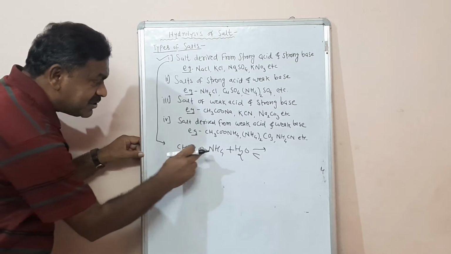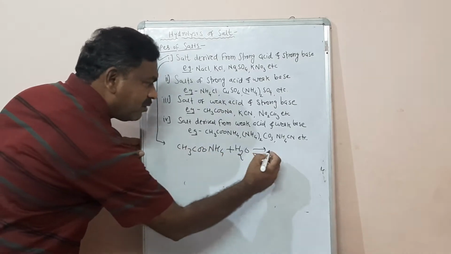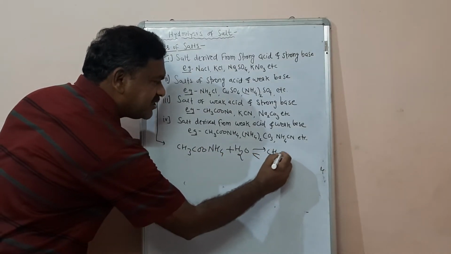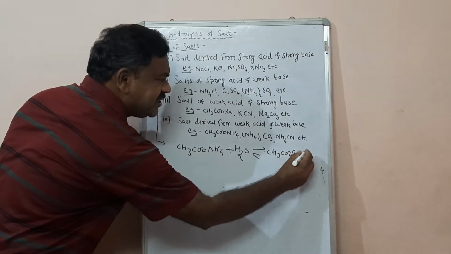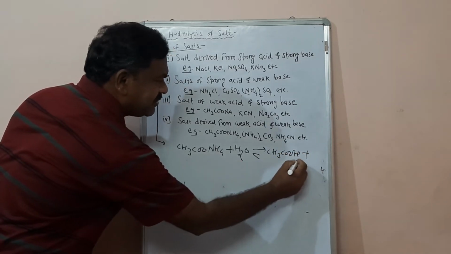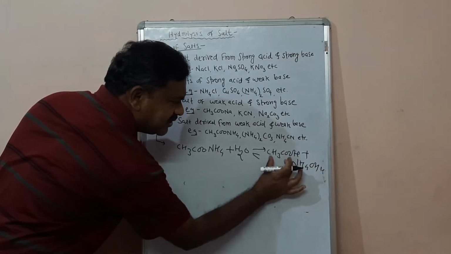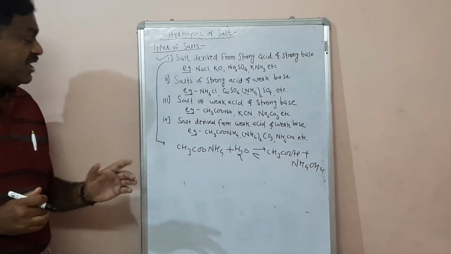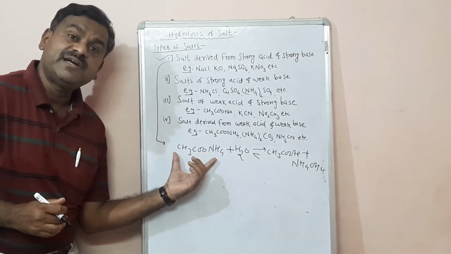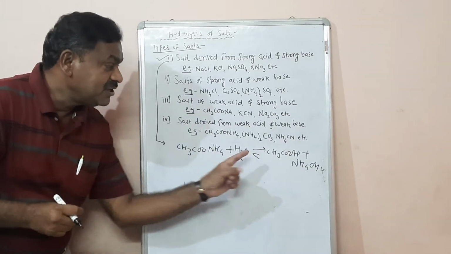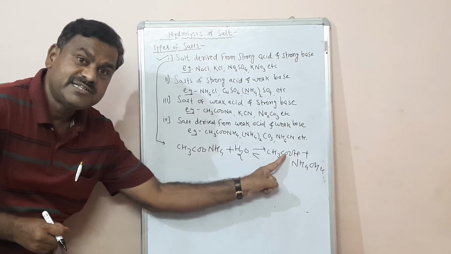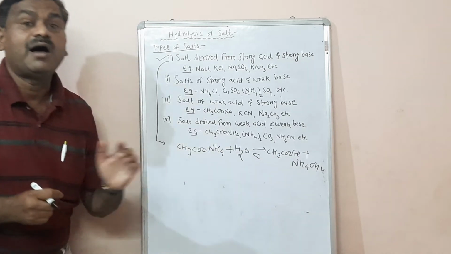Ammonium acetate combines with water to form acetic acid, a weak acid, and ammonium hydroxide, a weak base. That means the salt ammonium acetate is a salt of the weak acid acetic acid and the weak base ammonium hydroxide.